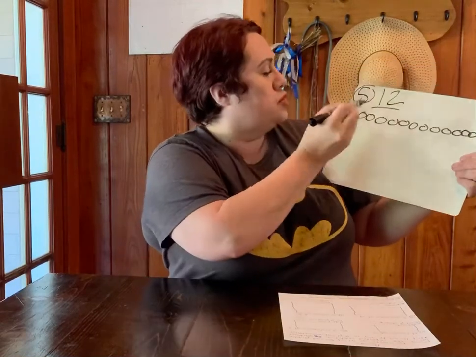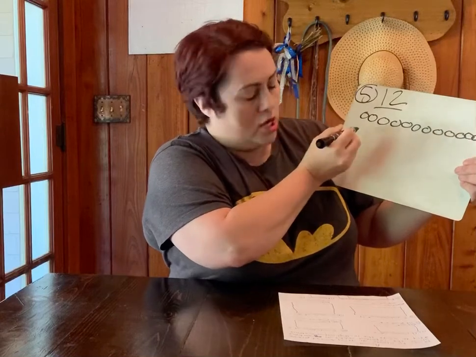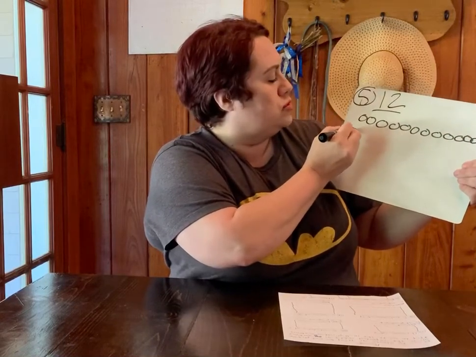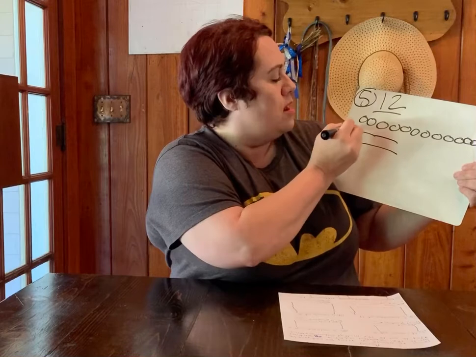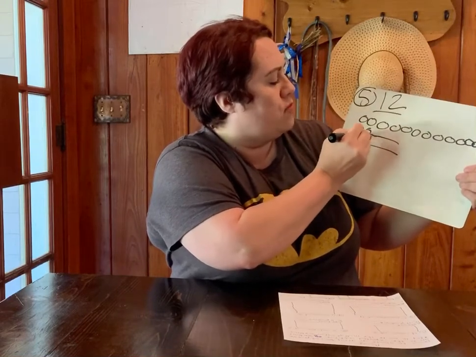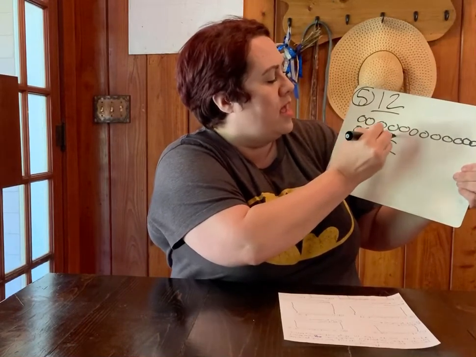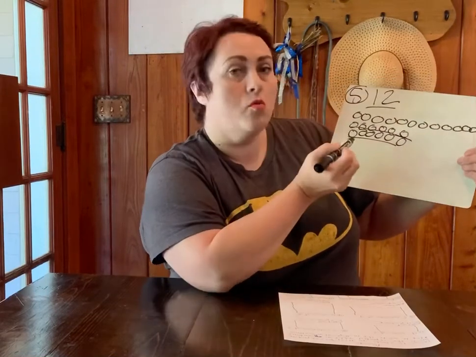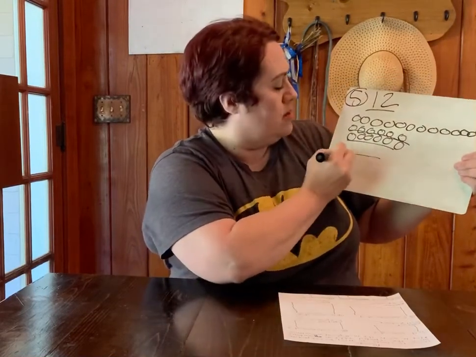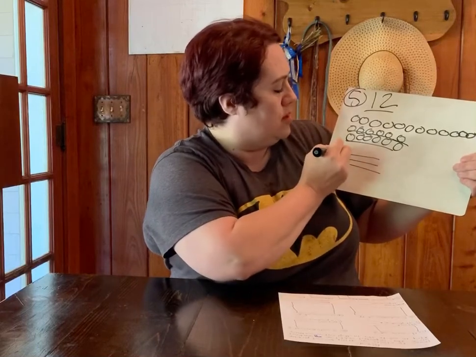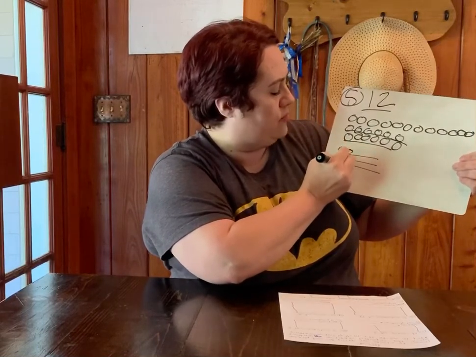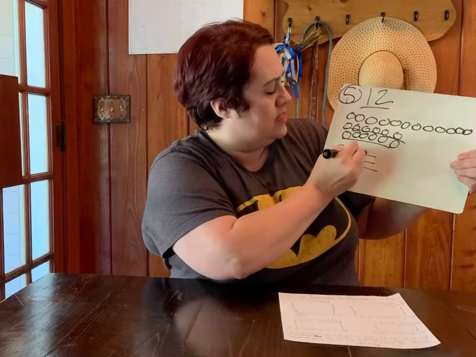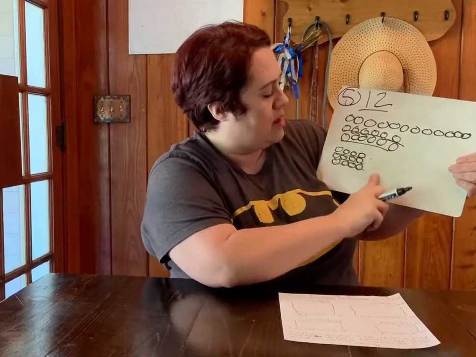Number 2, if we did 2, let's do rows. 2 rows, right? 1, 2, 3, 4, 5, 6, 7, 8, 9, 10, 11, 12. What about 3? Let's do 3. 1, 2, 3. 1, 2, 3, 4, 5, 6, 7, 8, 9, 10, 11, 12.